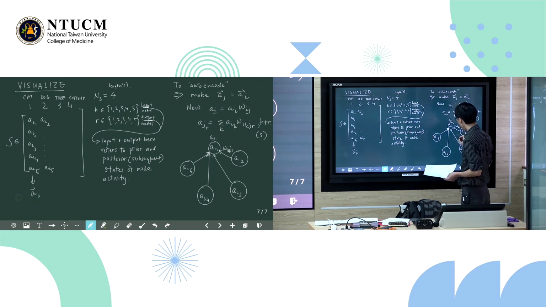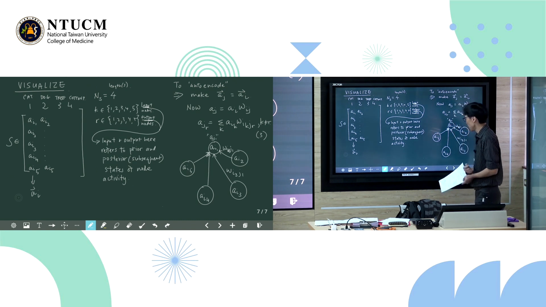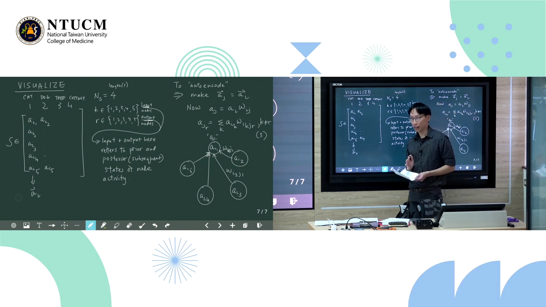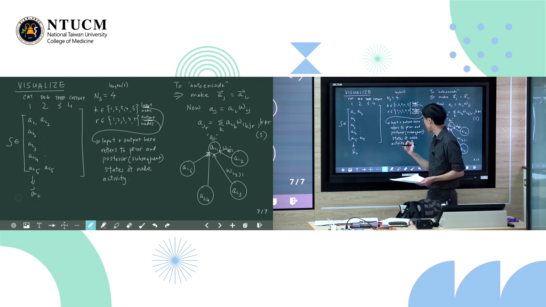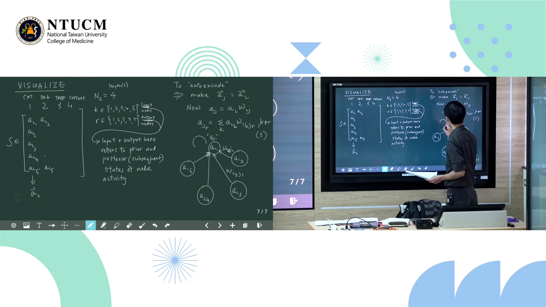So let me rehash this with another one. This one will be AI3 to J1. Because if I'm AI1 right now, my later state will be AJ1, okay? And AJ1 is equal to the sum of the weighted inputs from AI2, AI3, AI4, AI5, correct? But not itself.